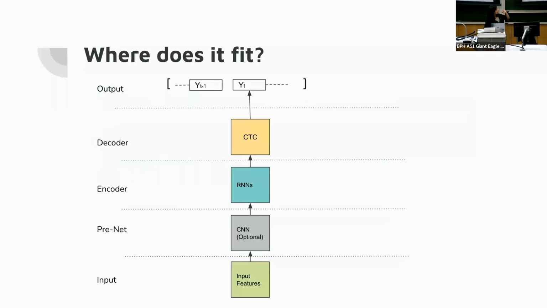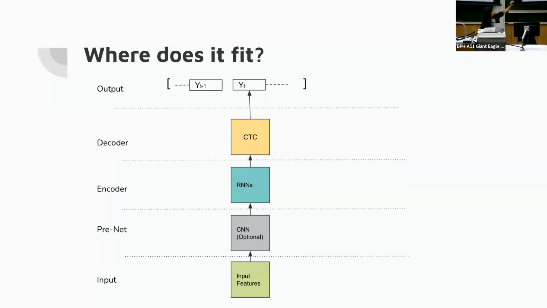First, let's start with where CTC actually fits in the entire picture of what you have already done. As soon as you get the input features, you pass them to a prenet. This is an optional thing to extract enhanced features. You can use a CNN or any other thing which helps you get enhanced features.